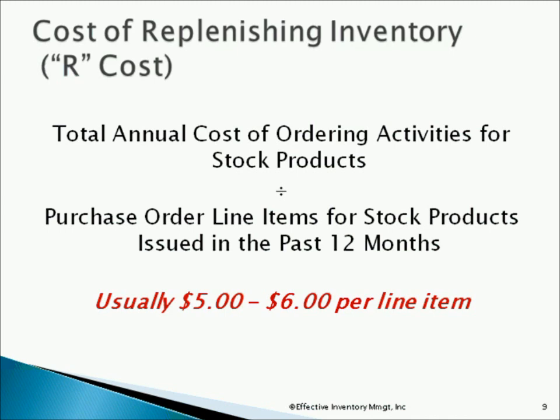But notice I'm saying this cost is per line item. We believe it costs you exactly the same amount to buy a product regardless of the quantity you actually buy. Your buyers go through exactly the same thought process when they buy a product, whether they buy 1 piece, 10 pieces, or 1,000 pieces of that product.